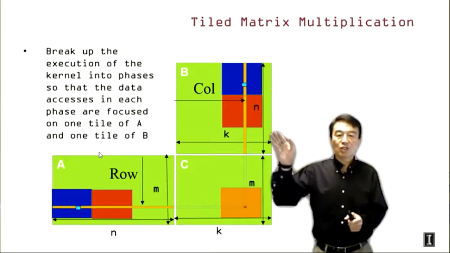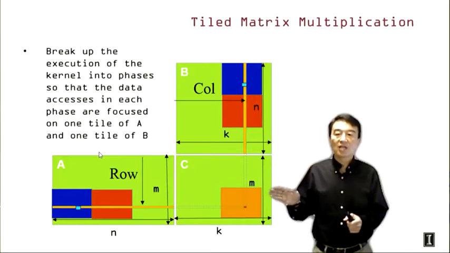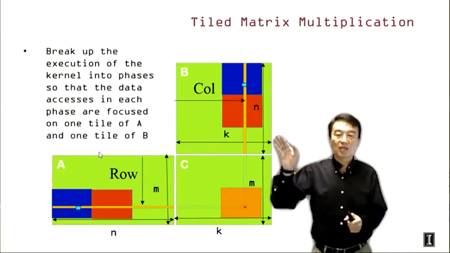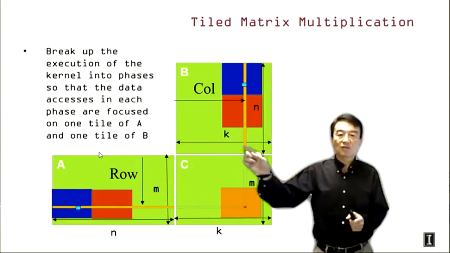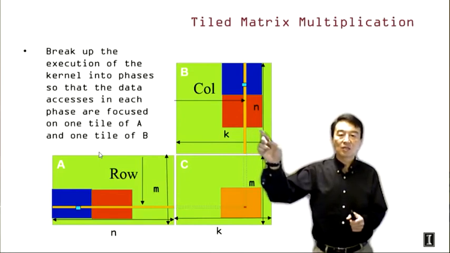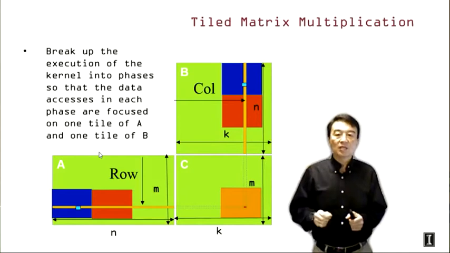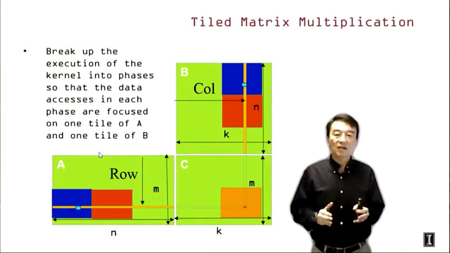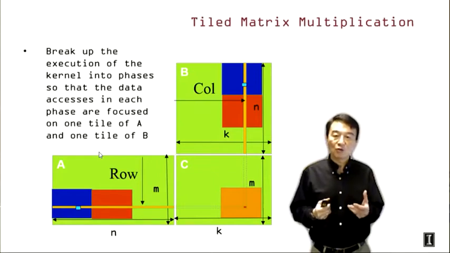Here I show the strip of A and the strip of B that should be involved. We show all the columns of B in this vertical strip. This identifies all the data of A and B that will be needed to generate this tile of C. When we design a tiled algorithm, we can divide up the execution into phases.